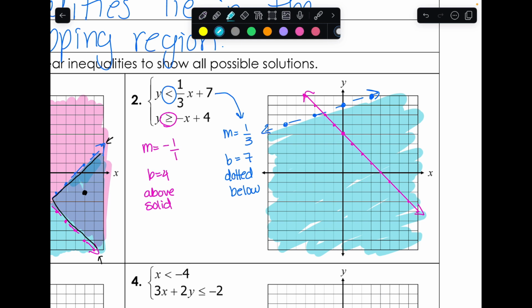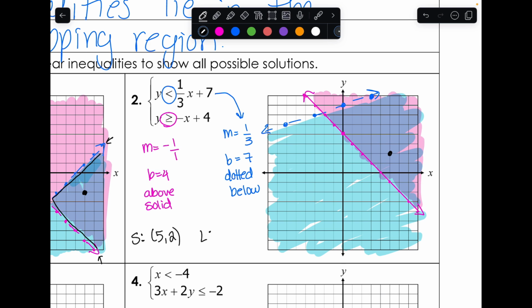Shading, we're going to go above the line. We see an overlap occur with that purple region. Again, all of our solutions come from this shaded region, which means each person can pick a different coordinate that would satisfy. So for this example, I picked 5, 2.